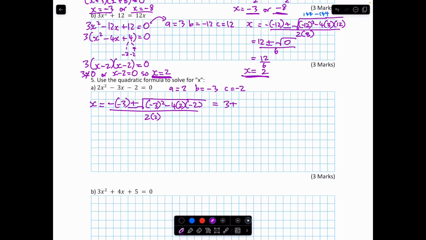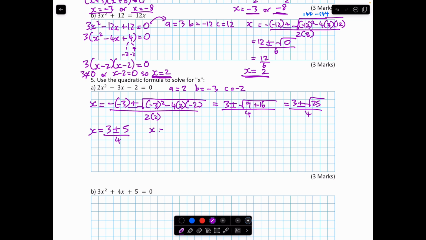3, plus or minus the square root of 9, -8 times by -2 is +16, over 4. You got 3 plus or minus the square root of 25 over 4. That's 3 plus or minus the square root of 25 is 5, over 4.